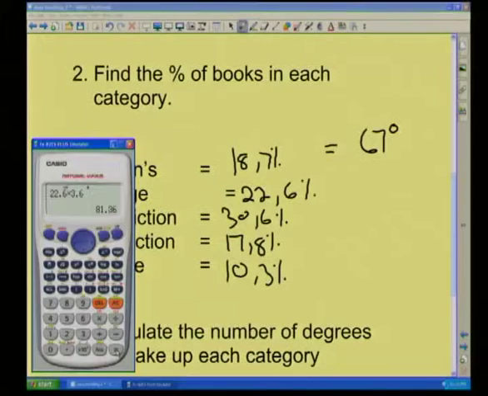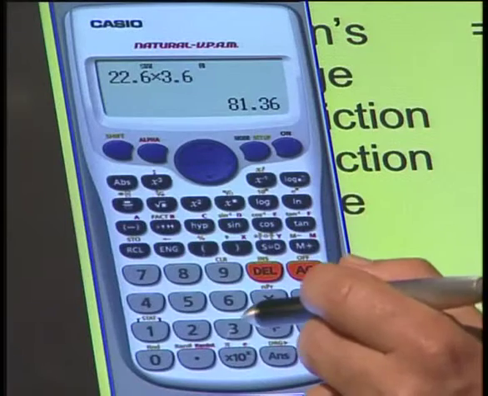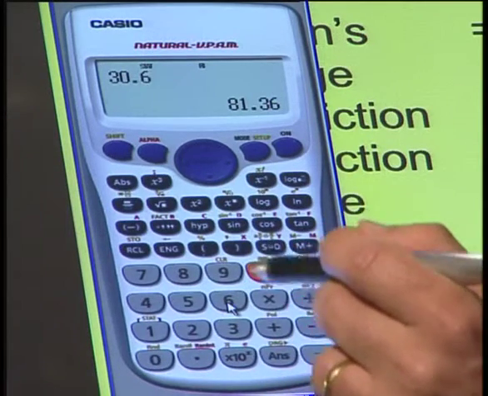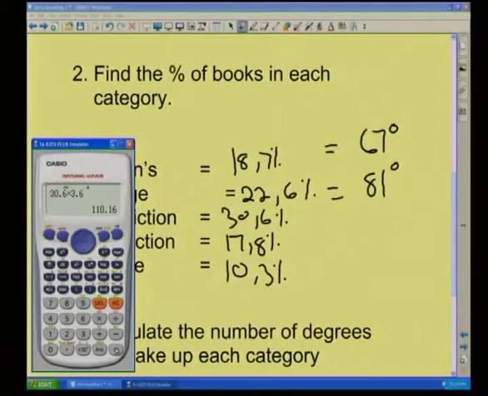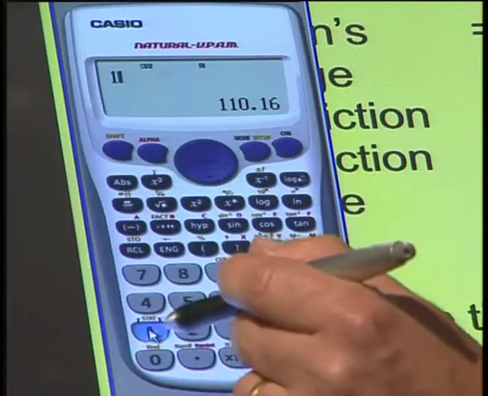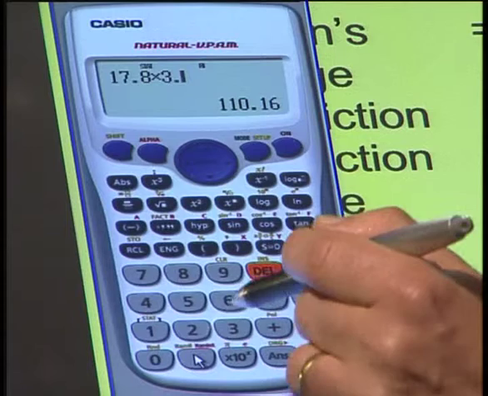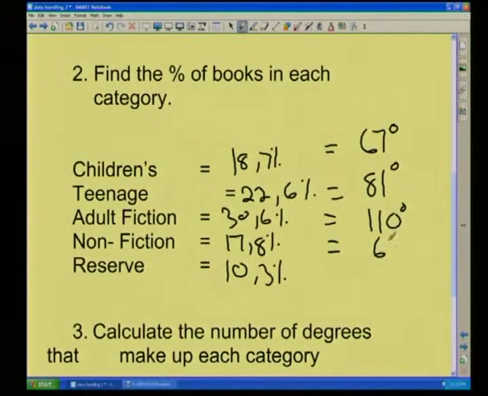That gives us 81. For the 30.6 percent, 30.6% multiplied by 3.6 gives us 110 degrees. For 17.8%, multiplied by the 3.6, and that's 64 degrees.